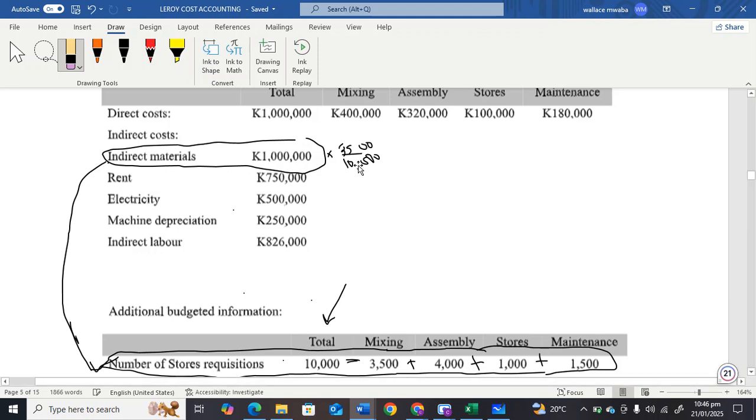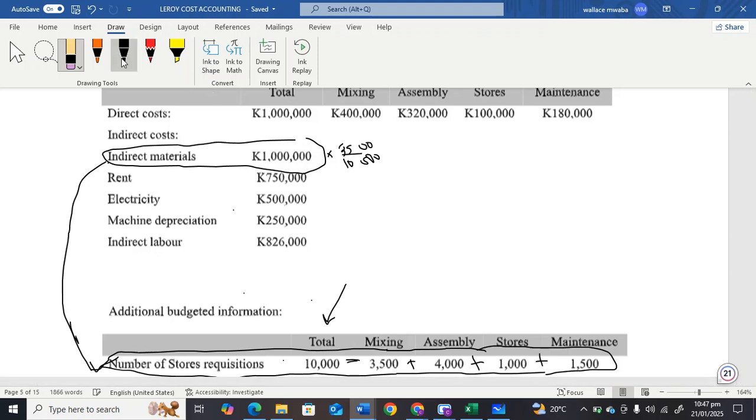Since we're using number of store requisitions, out of 10,000 store requisitions mixing has 3,500.